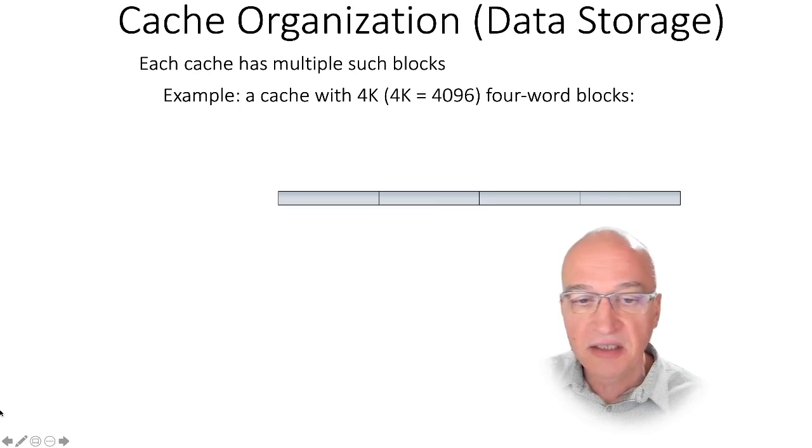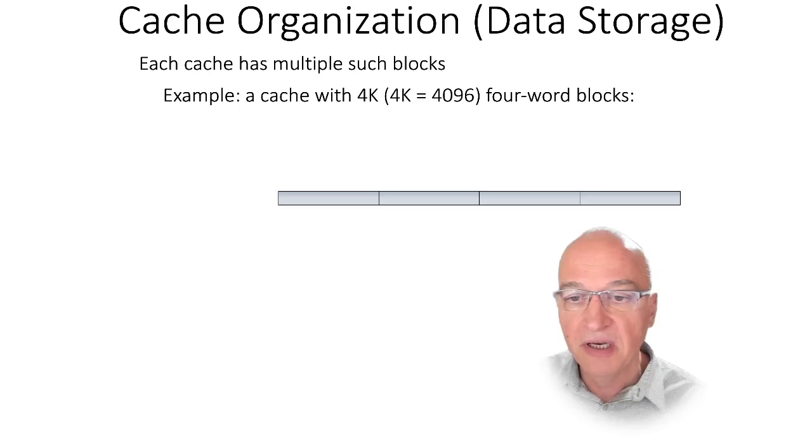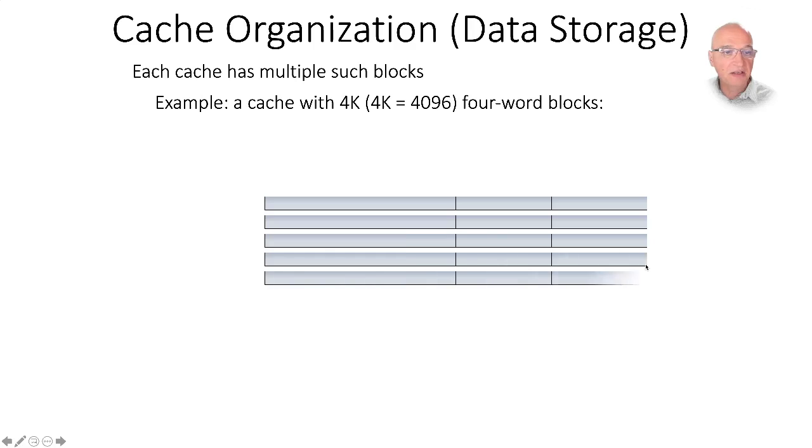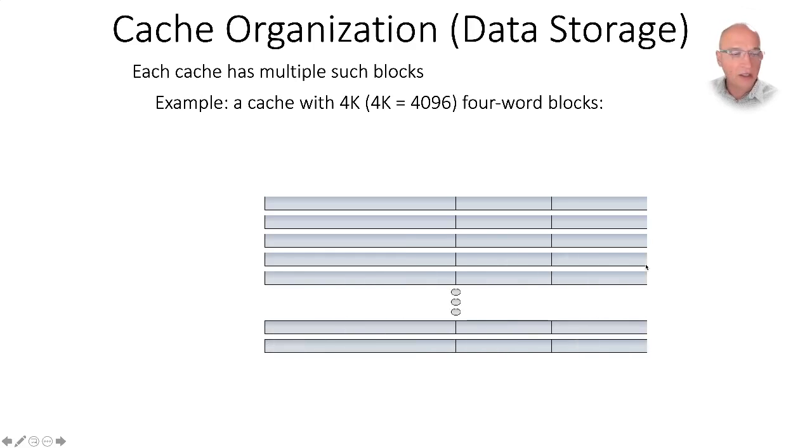So in that case, what I would have is something like this, where I have the first block, the second block, and so on. I think the video is not showing the division of the blocks over here, but there is a division in these slides when you check these slides later.